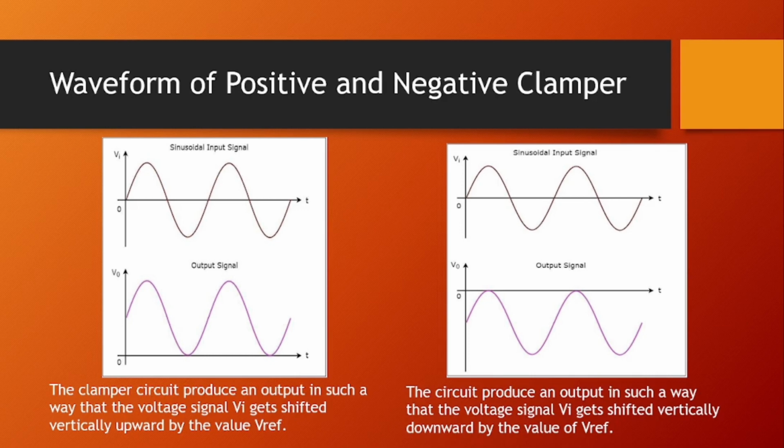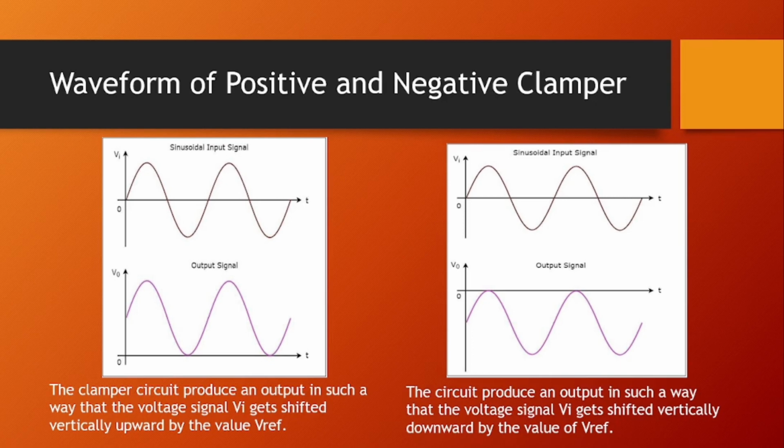As we see, the DC signal is shifted upwards, while the negative clamper is the circuit that produces an output in such a way that the voltage signal Vi gets shifted vertically downwards by the value of Vref.